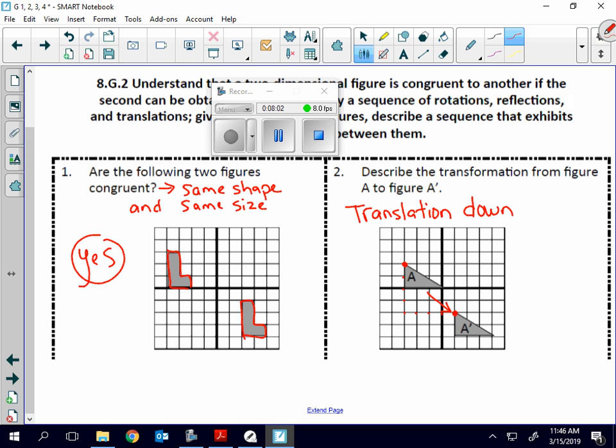Down 4, right 4. You could use your little transformation key here like this. So what did the X do? It got bigger by 4, and the Y also got bigger by 4. You can do that as well, but the words are just fine for me.